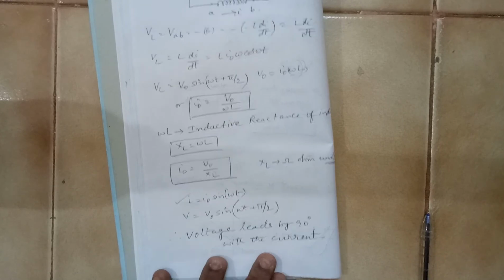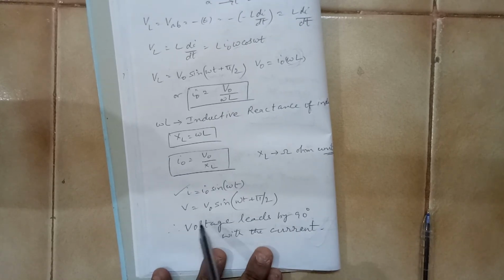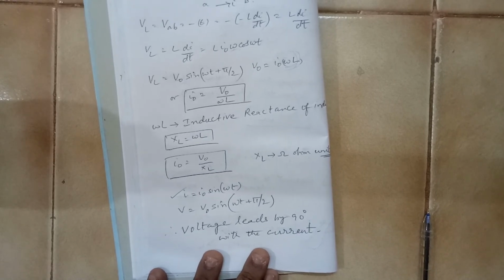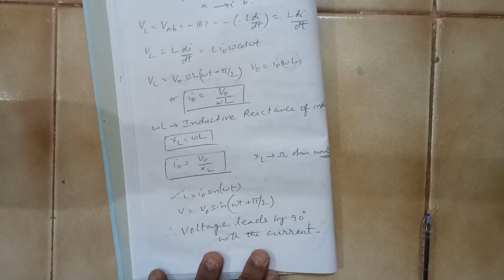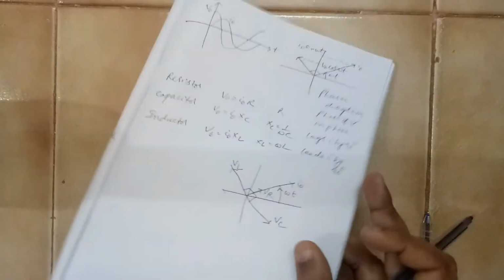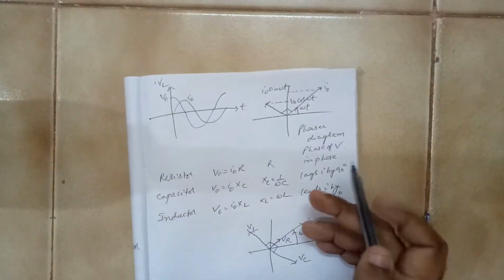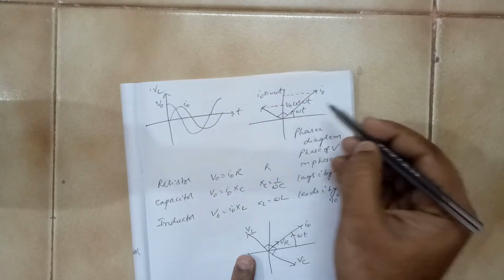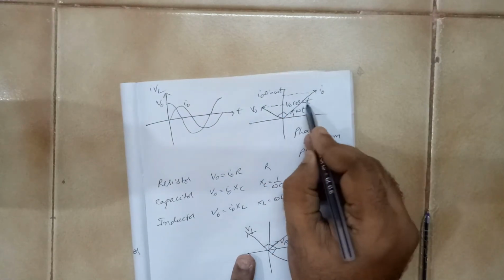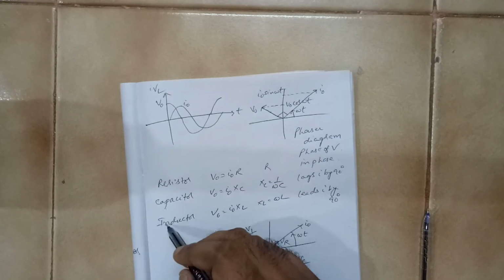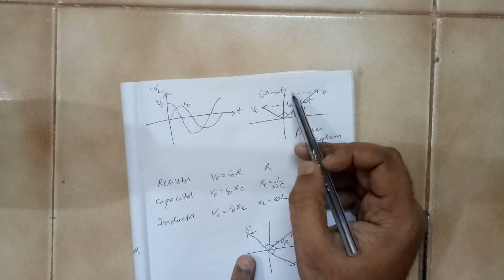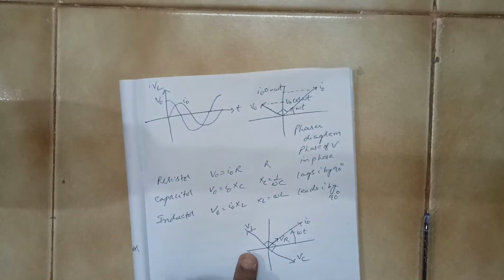You can see here that in this situation the voltage is leading the current by 90 degrees. Who is ahead? Voltage is ahead, right? So its phasor diagram will look something like this. This is the I0 value, this is the V0 value, and voltage is ahead of I0 by 90 degrees. Take the vertical components, you get the instantaneous values.